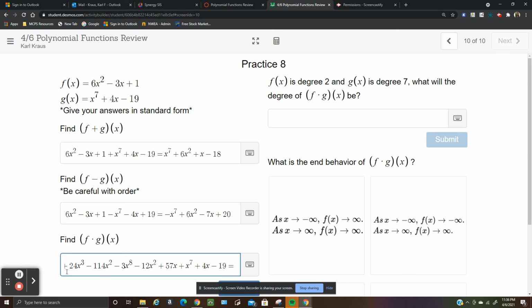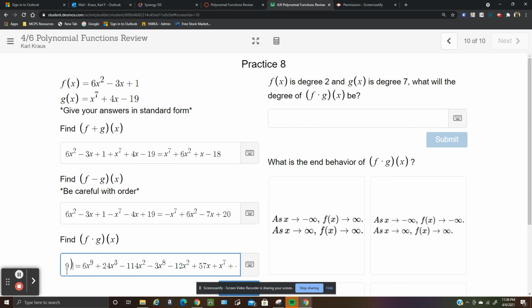Then you want to combine like terms, so the highest power of x looks like x to the 9th there, 6x to the 9th. Minus 3x to the 8th. And then I have 1x to the 7th.